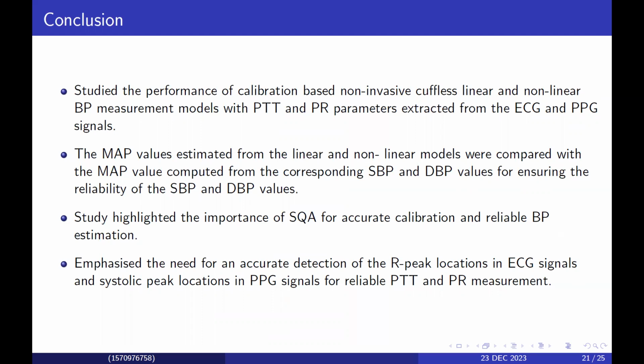This study also highlighted the importance of signal quality assessment for accurate calibration and reliable BP estimation. It also emphasized the need for accurate detection of R peak locations in ECG signals and systolic peak locations in PPG signals for reliable PTT and PR measurements. Only then can we obtain accurate BP measurement using these PTT and PR values.